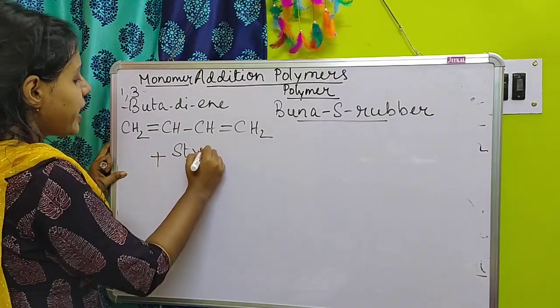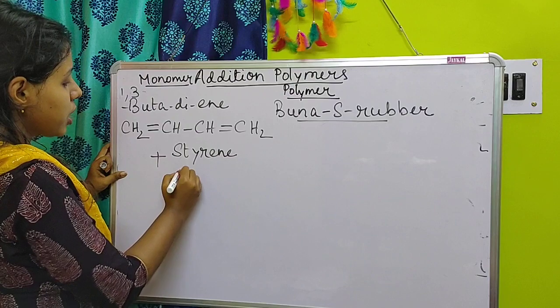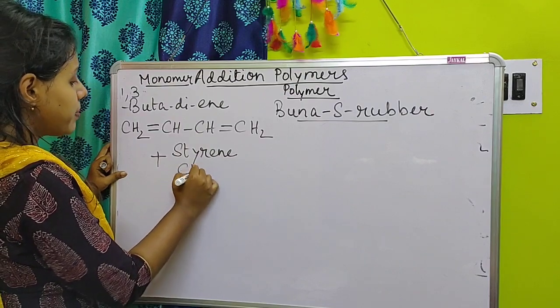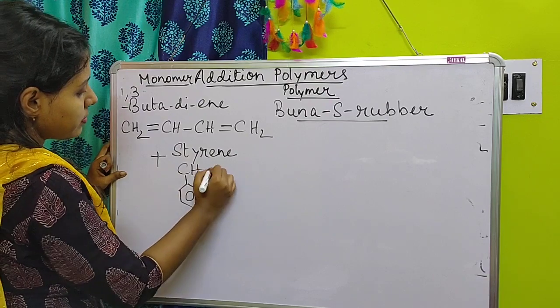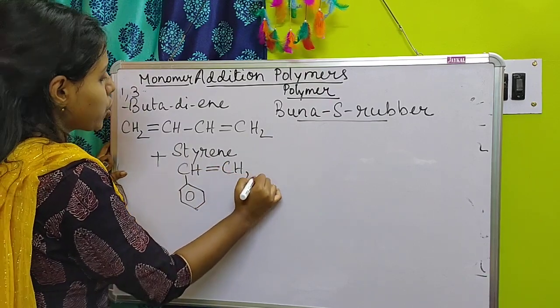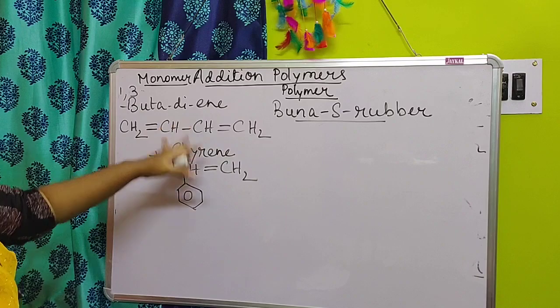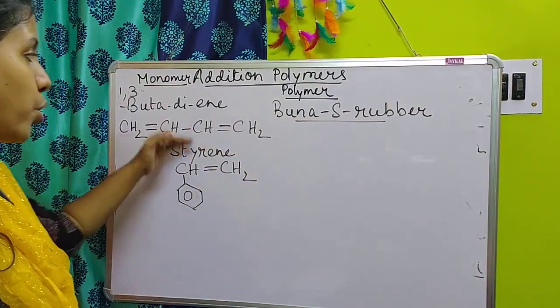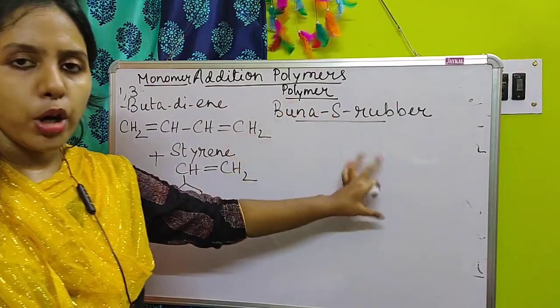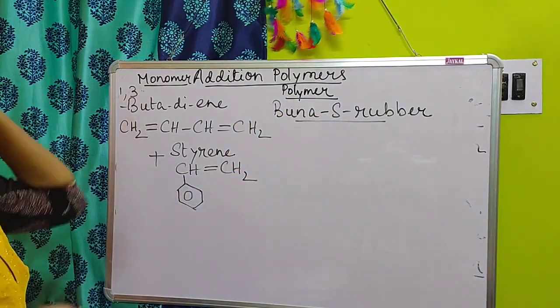S is for styrene. Styrene has the formula CH, single bond benzene ring, double bond CH2. So these two are there. Here I am just showing the monomers and the polymer, but all of them have the number N.